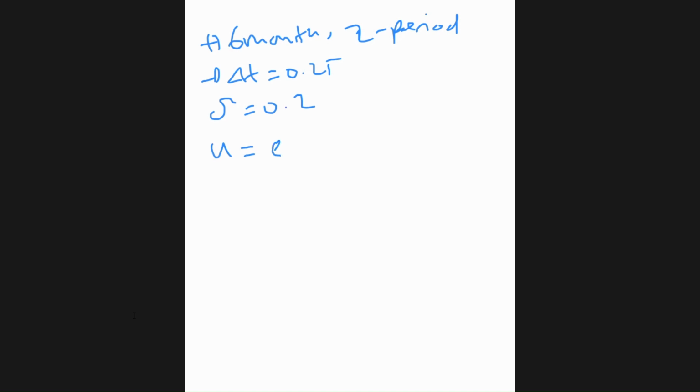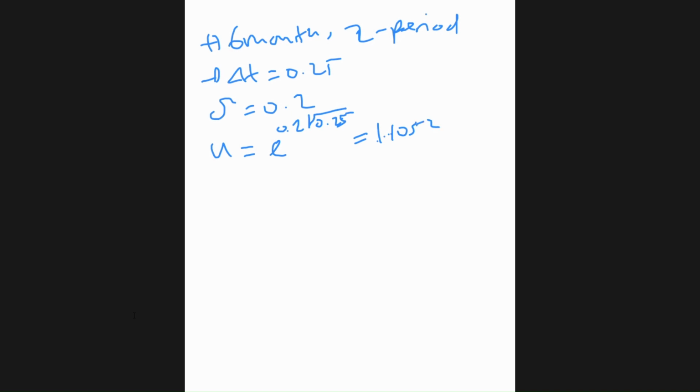It's going to be exponential: U equals e to the volatility times the square root of 0.25. So U, using a calculator, is roughly 1.1052.